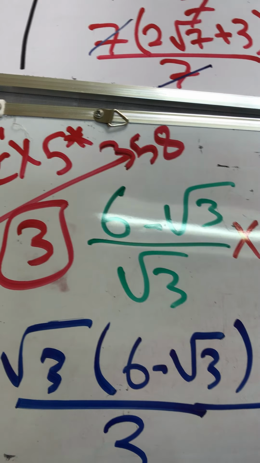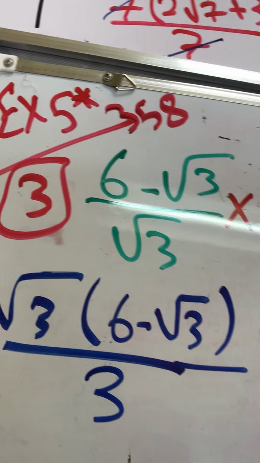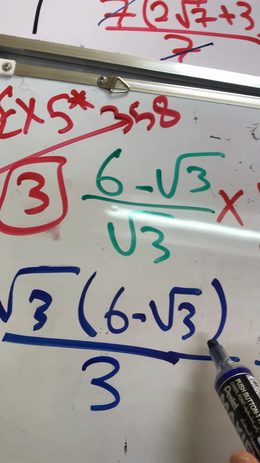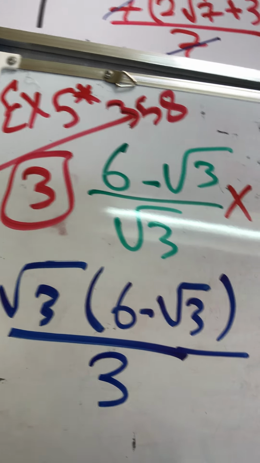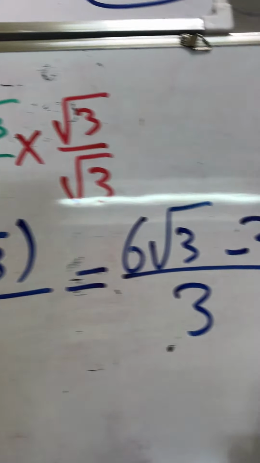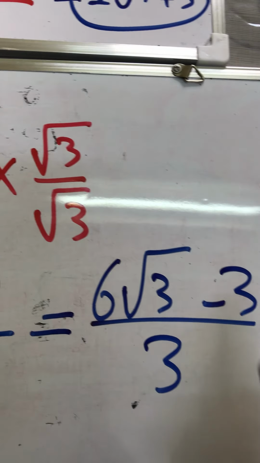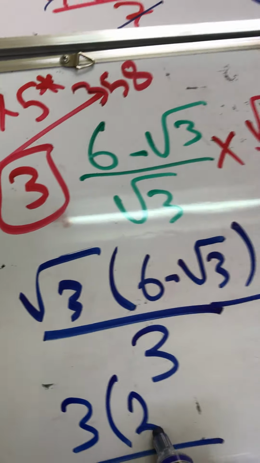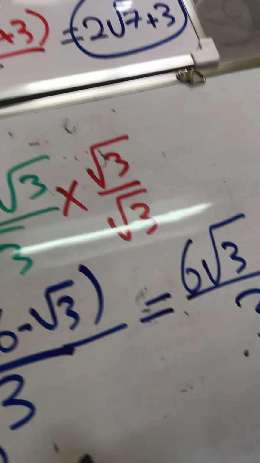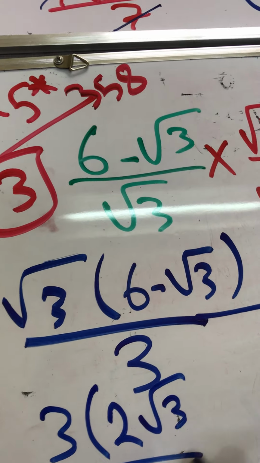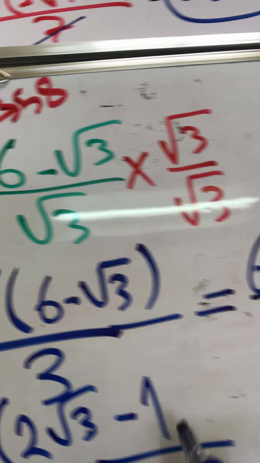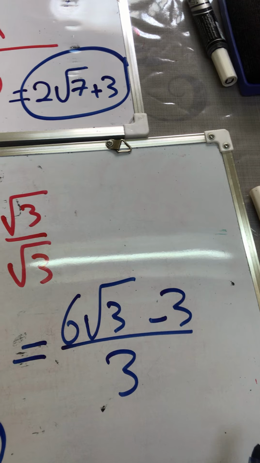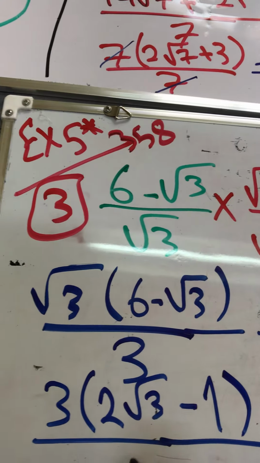And now I'll make distribution. So √3 times 6, 6√3, minus √3 times the √3 equals 3 over 3 down. Okay, as you see here, I can take 3 as a common factor. So 3 open brackets, 6 divided by 3 equal 2√3, minus 1. Take care, please. 3 divided by 3 equal 1 over 3.